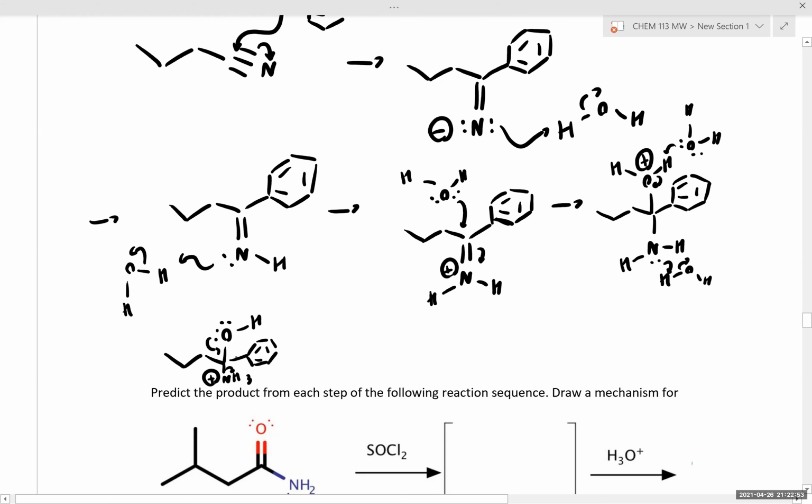So we can kick out our ammonium ion, and that gives us our desired ketone. We still have one more step to engage with. We still have to deprotonate our ketone as a cleanup step. And from here, we now have our final desired product.